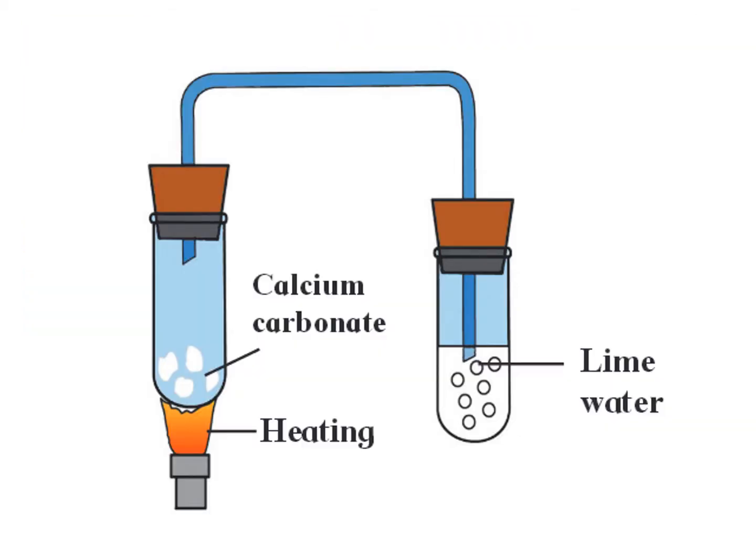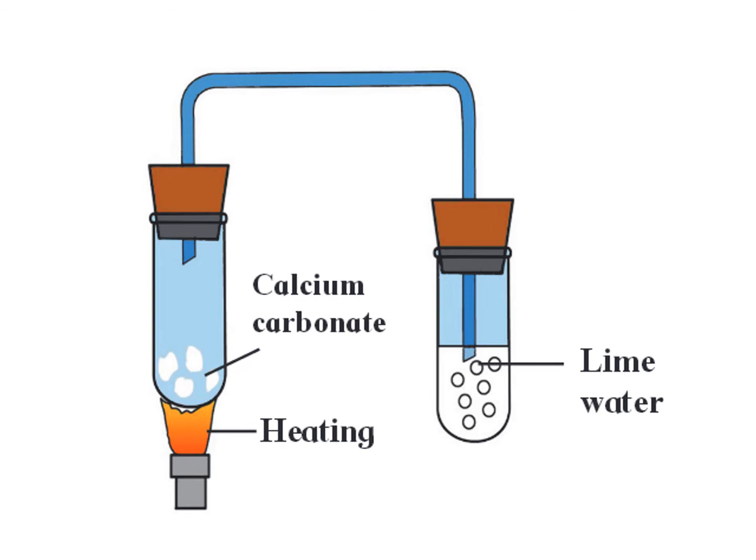The second example we have is, we have taken calcium carbonate in a test tube. We fit a bent tube to this test tube with the help of a rubber cork. Insert the other end of the bent tube in freshly prepared lime water. Heat this powdered calcium carbonate in the first test tube strongly.